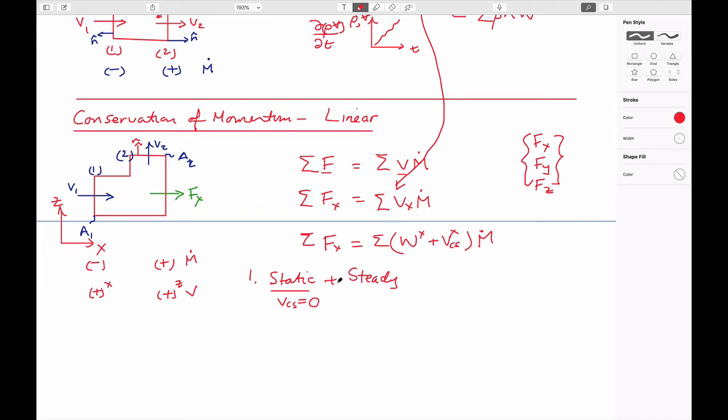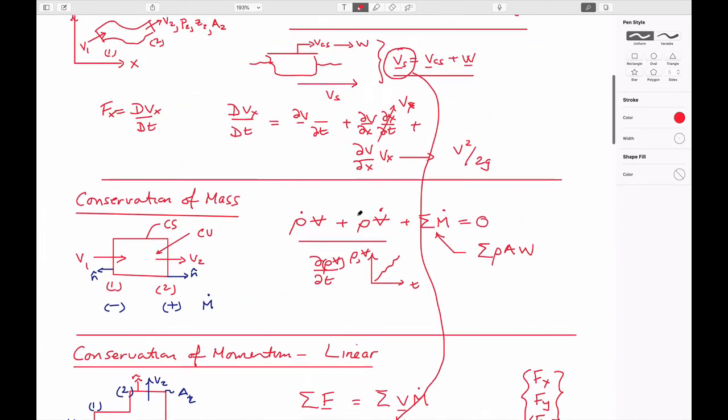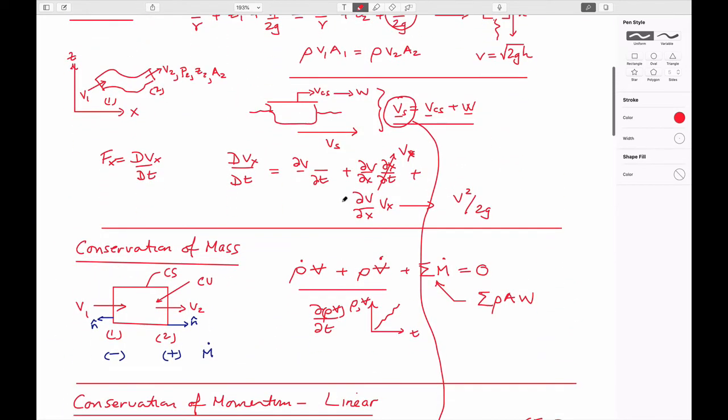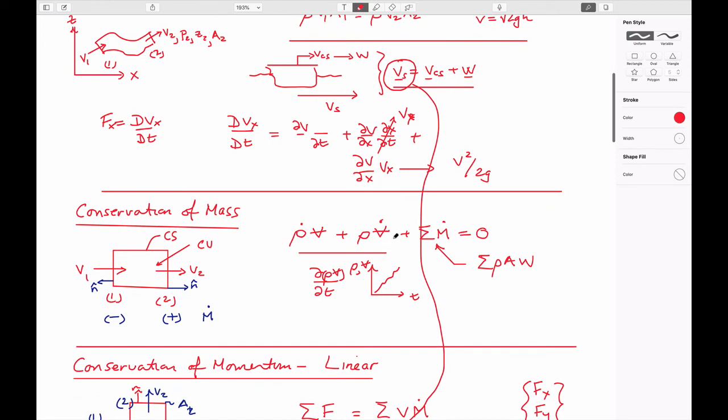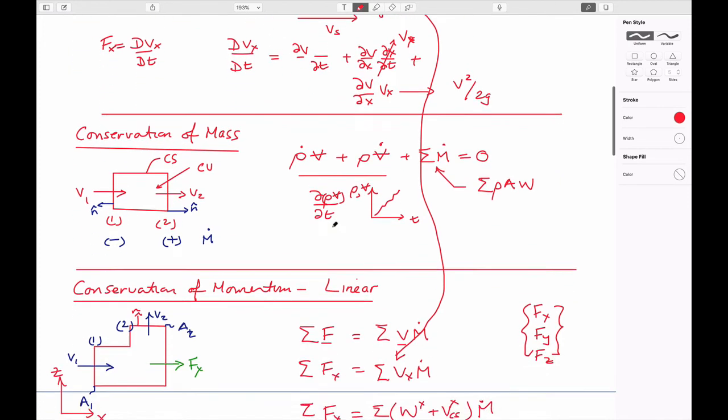Steady means there's no volume change within this component, which are the only problems we've actually looked at, really. And because it's a steady problem, by definition, the sum of the mass flow rates is equal to 0, because these terms on the left-hand side are 0 by definition.